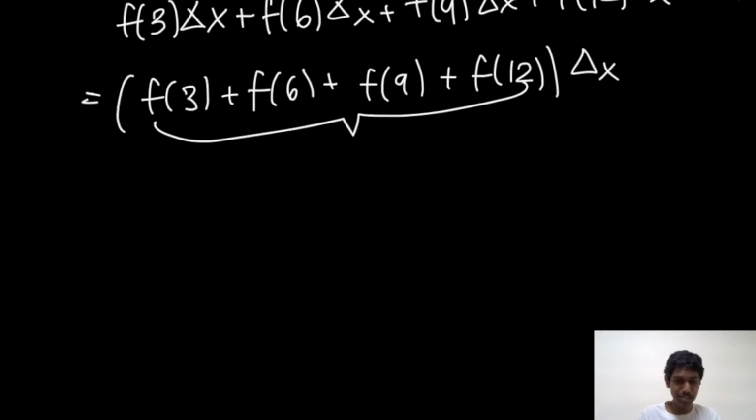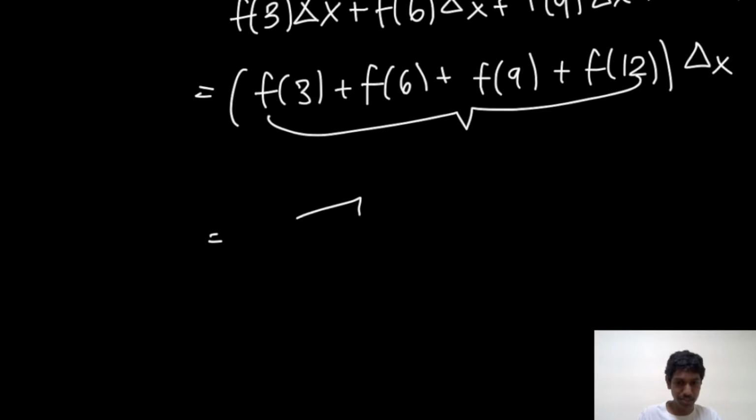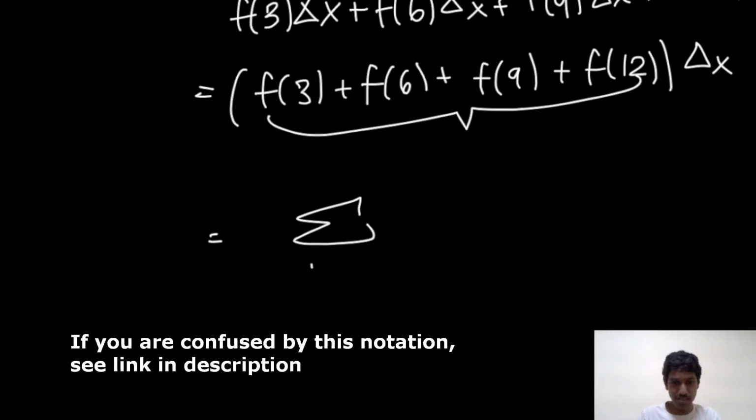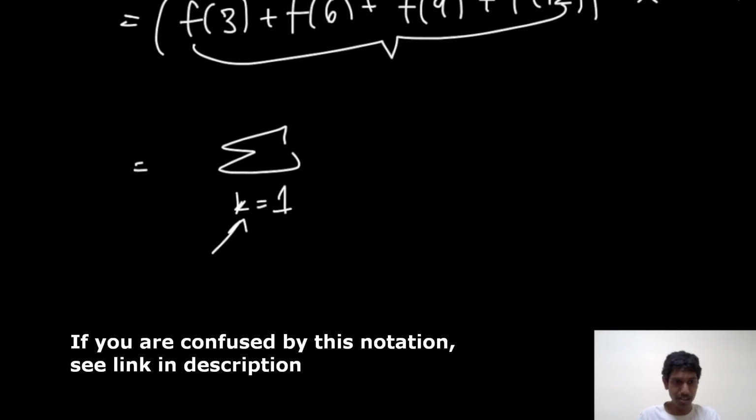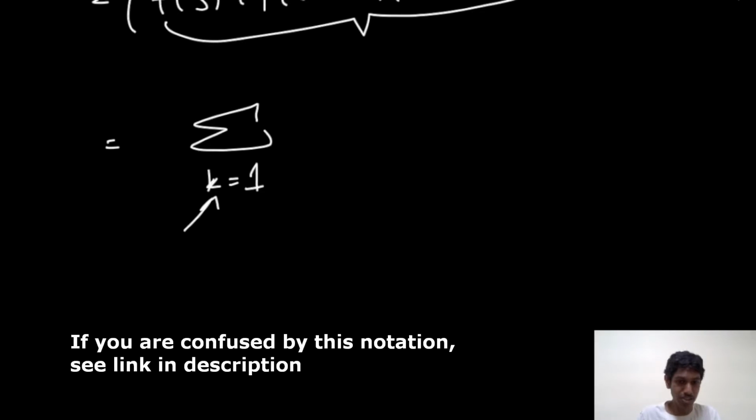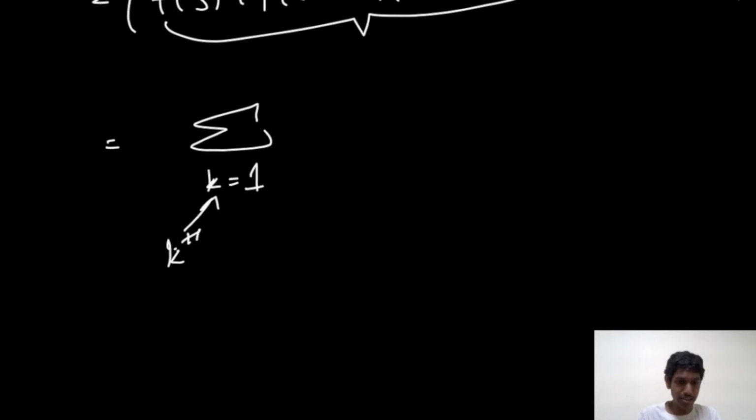Let's see if we can write this as a more general sum. We're going to start at k equals 1, where k is our index, but it's also the number of the rectangle, so it's going to be our kth rectangle.